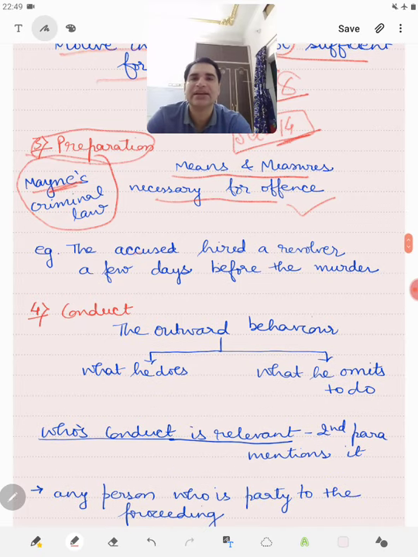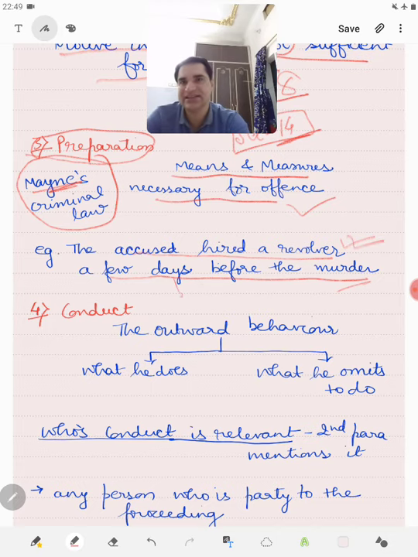For example, the accused hired a revolver a few days before the murder. That is the preparation. If he has to commit murder, then certainly he will need a weapon for it. The fact that he hired a revolver just a few days before the murder will certainly be part of the means and measures necessary for the offense. That is, it will be part of the preparation.